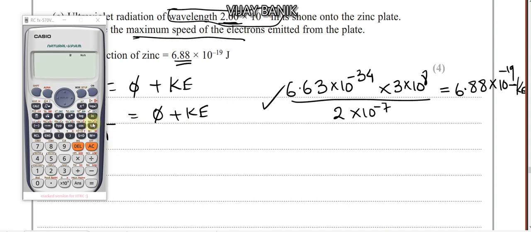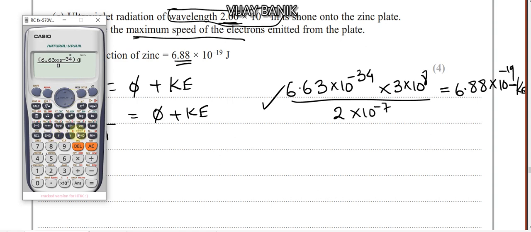Let's do this. How much is it? 6.63 into 10 raised to minus 34. You know what? Normally I give brackets. It's better to give brackets in this kind of situation, when you have lots of powers and such. It makes your calculation a lot more accurate.